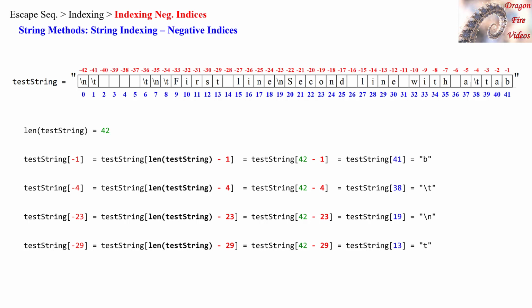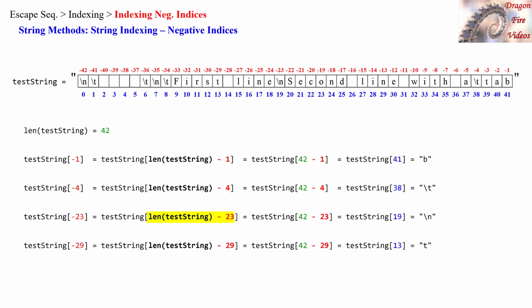So now, another way to envision the negative indices using the mathematical formula: test string at -1 can be rewritten with a positive index, and that would be test string at location the length of the string minus 1, which is test string at position 41, which is again the rightmost character B. So looking at the mathematical conversions here, we see that test string at -4 is the same character as test string at 38.